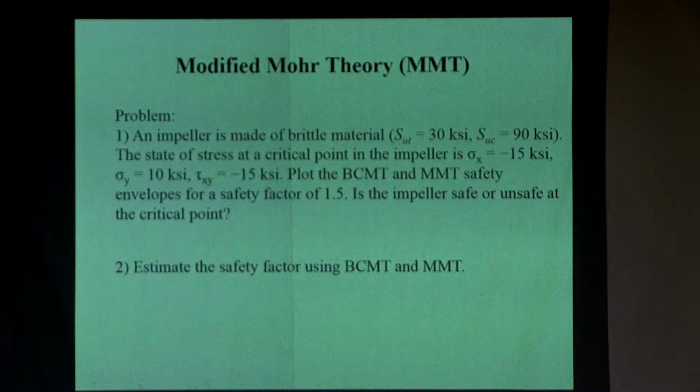So let's plot the safety zones for this brittle material of S of ut 30 kpsi and S of uc 90 kpsi for a safety factor of 1.5. I want to plot it here, but let's find out what they need to be.